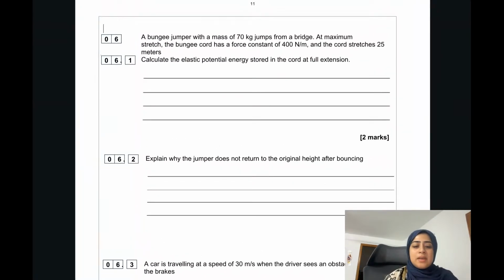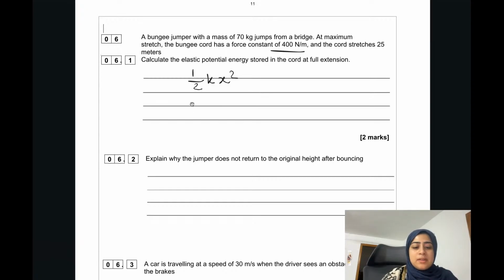Okay, next it says a bungee jumper with a mass of 70 kg jumps from a bridge. At maximum stretch, the bungee cord has a force constant of 400 newtons per meter and the cord stretches 25 meters. So what's the elastic potential energy? Well, we know the formula is half k x squared.